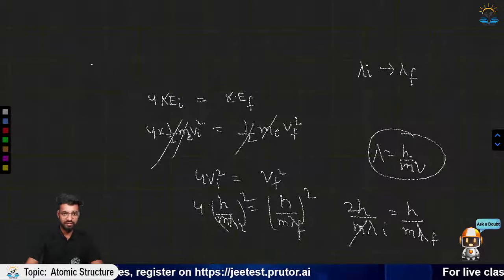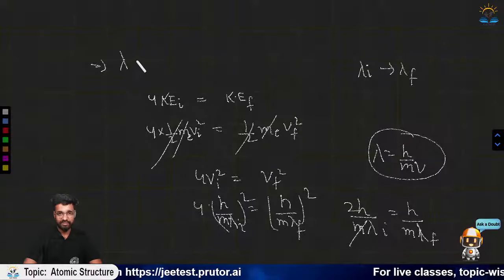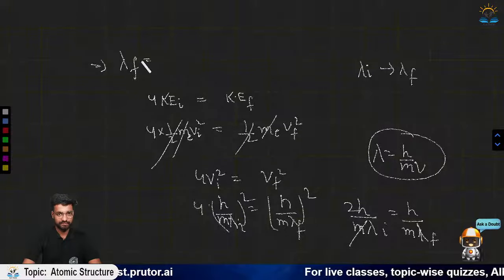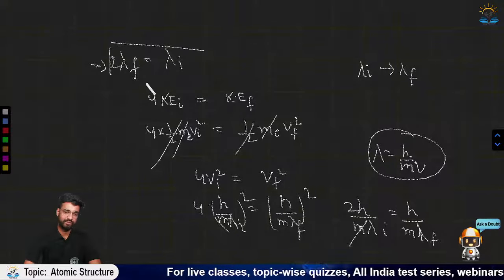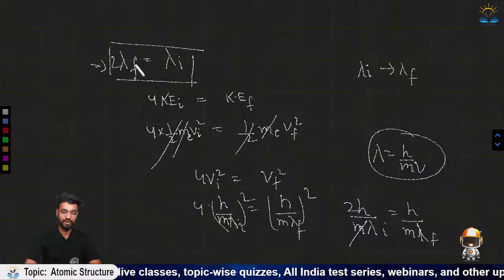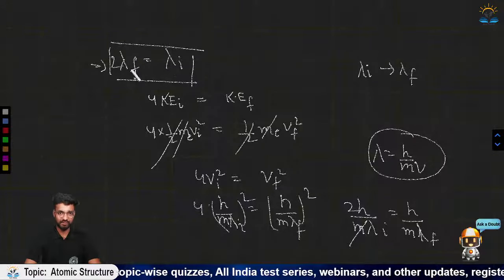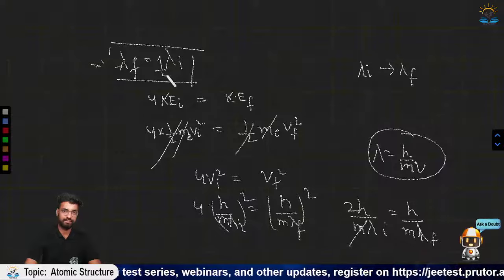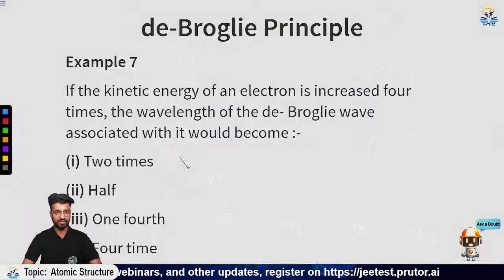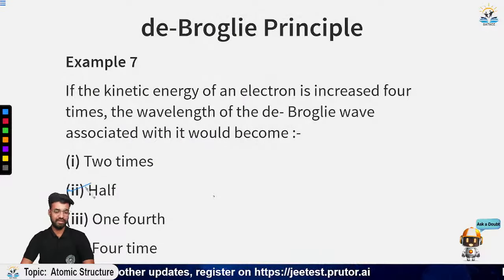So what is the final result we get? Lambda final will be 2 times the initial wavelength. Sorry, the final wavelength will be half of the initial wavelength. So this is the relation we got, and this one is the correct answer.